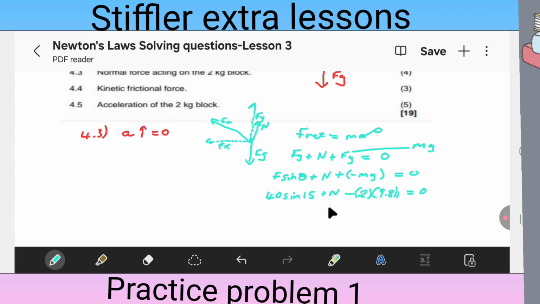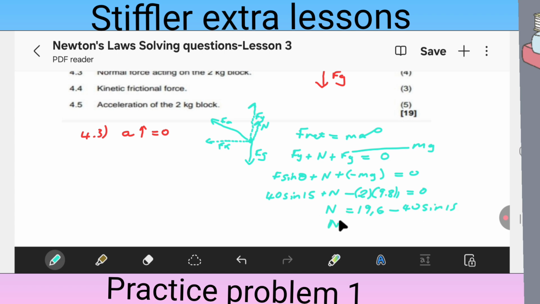So now we can make the normal force the subject of the formula, which should be positive on this side. So 2 times 9.8, it is 19.6, subtracting 40 sine of 15.